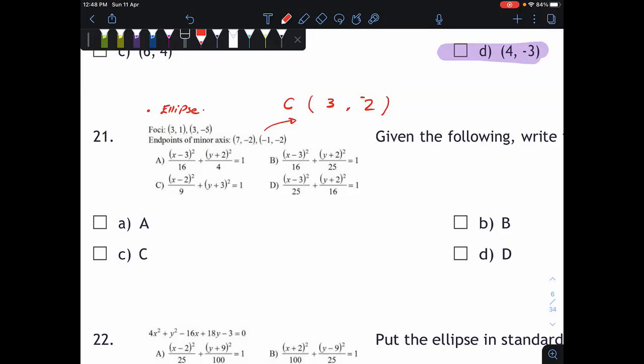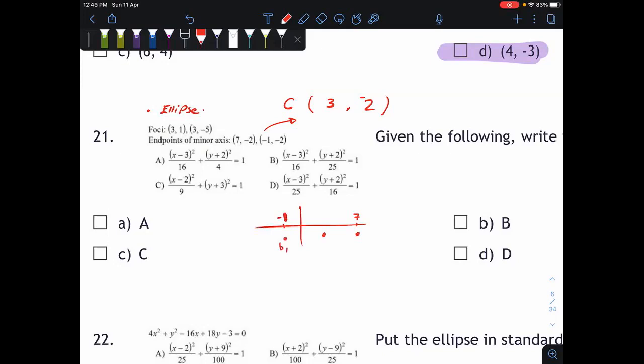The midpoint gives the center. From the center (3, -2), you move to (7, -2). So what's the distance between 7 and -1?